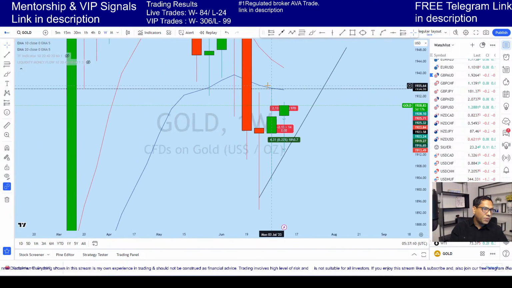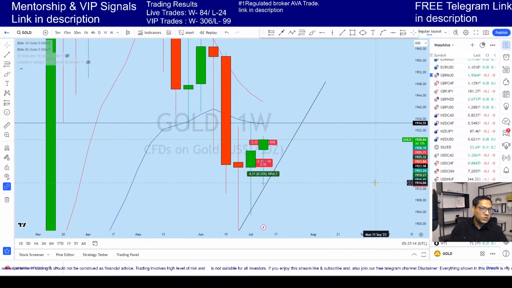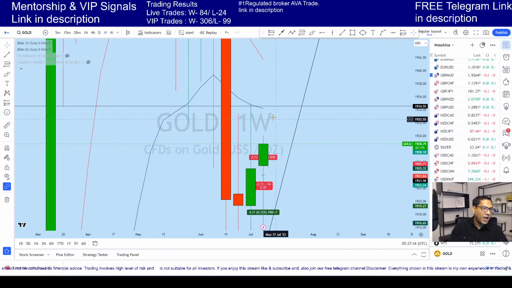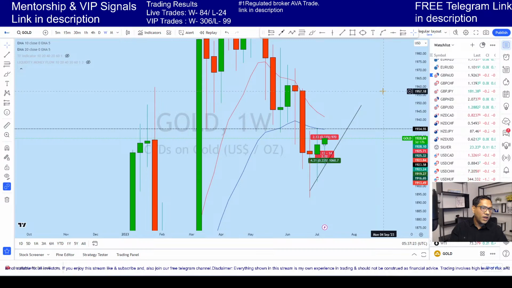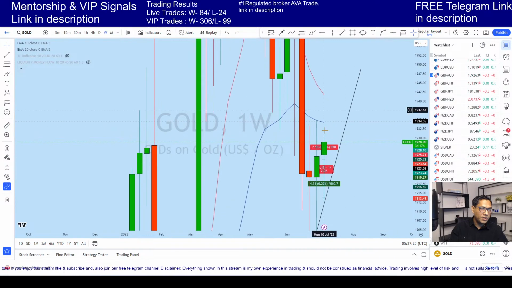After the previous weekly doji, the price tested the low. Now we could see a test of the high. I think we might see gold breaking this weekly high, creating a new higher high. Very highly likely to happen from the bigger picture perspective.